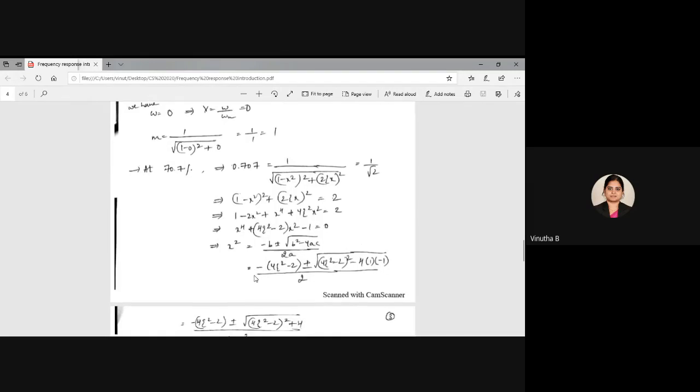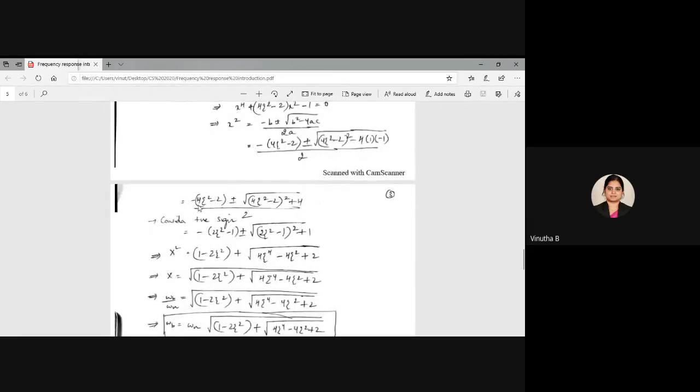So x power 4 plus 4 zeta square minus 2 into x square minus 1 is equal to 0, which implies x square is equal to minus b plus or minus square root of b square minus 4ac by 2a, that is equal to minus of, in place of b you have this term, so it is 4 zeta square minus 2 plus or minus square root of b square, so it is 4 zeta square minus 2 the whole square minus 4 into a is 1, the coefficient of this is 1 and the coefficient of this is minus 1, divided by 2 into a is 1, so it is just 2.